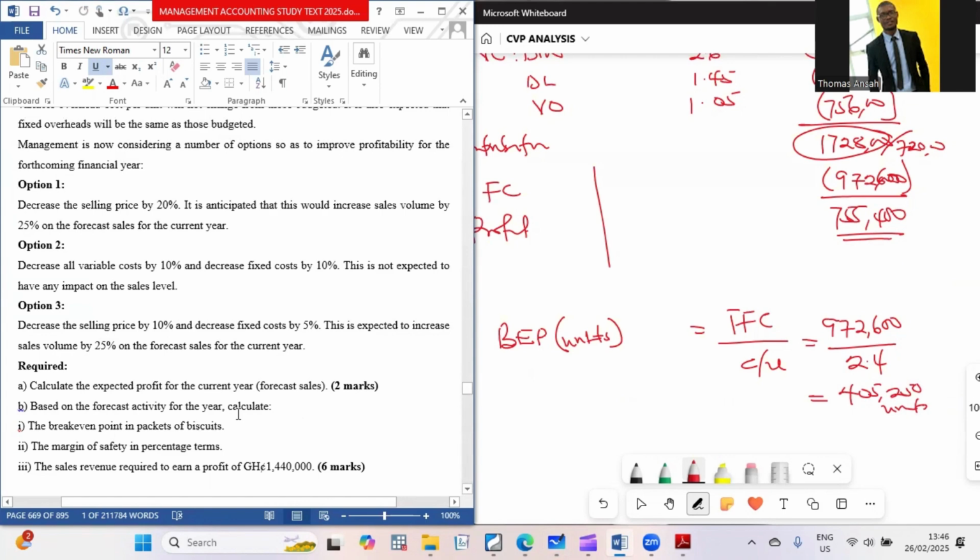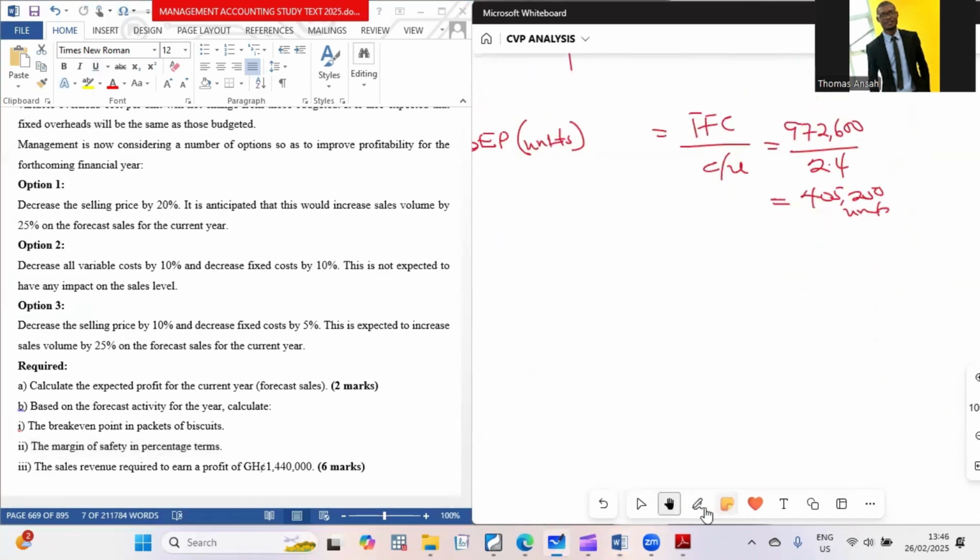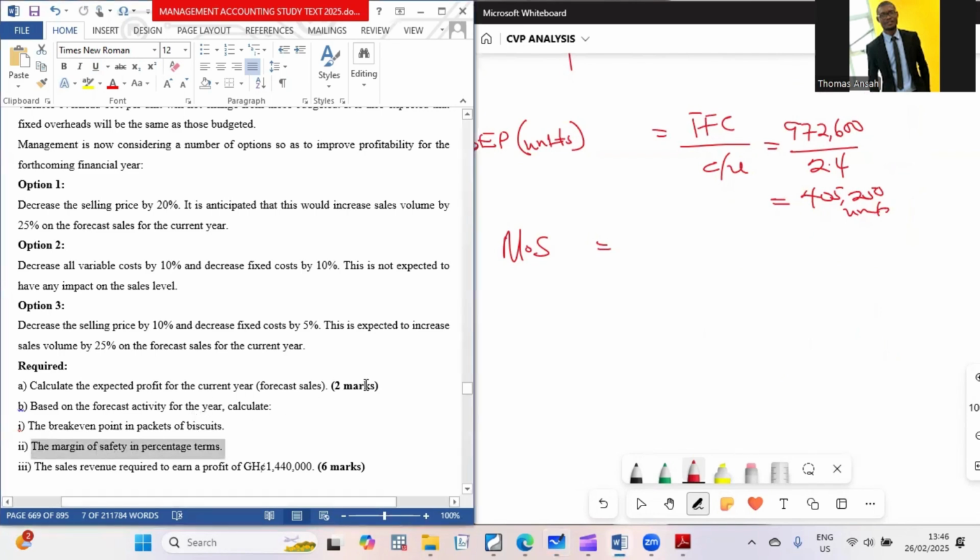Okay. So the next thing for us to do is the margin of safety in terms of calculation, percentage. Margin of safety, you need the budgeted sales minus the break-even point in terms of sales value. Then you divide it by the budgeted sales again. So we have the unit here.